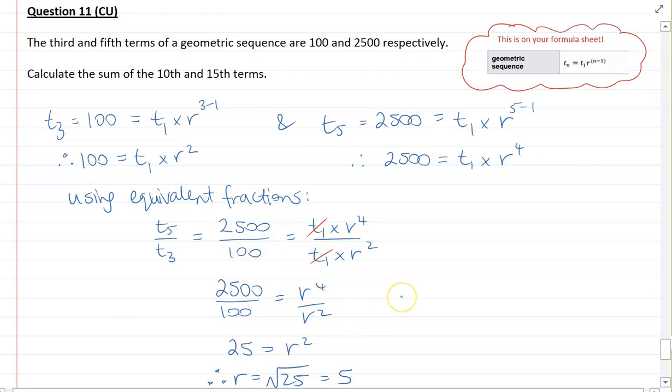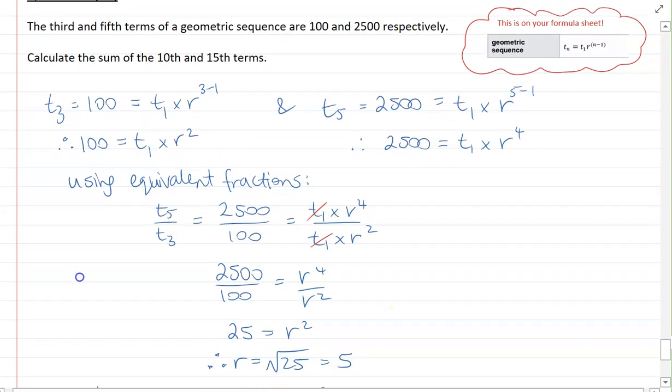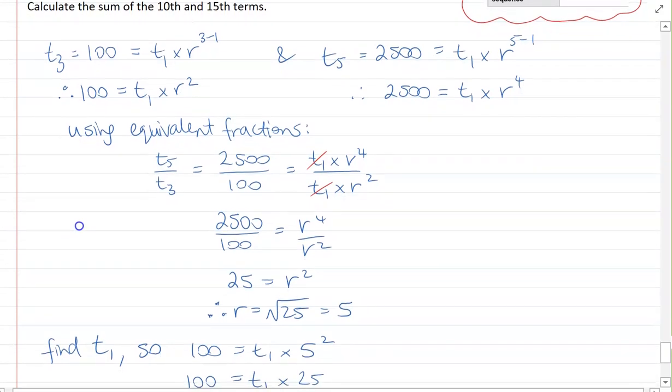So using my amazing equation solving skills, you should find an R value of 5.